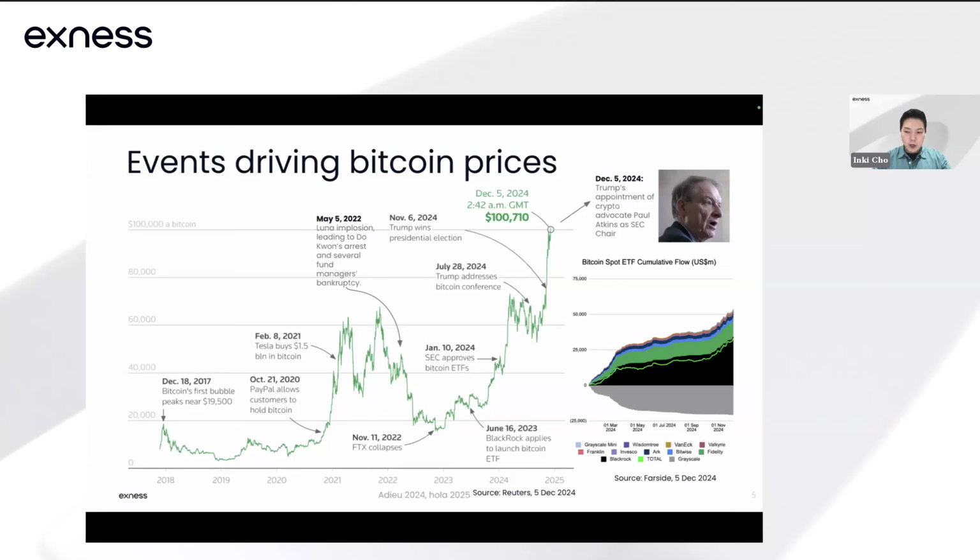In November, Bitcoin hit an all-time high, and Trump's election victory served as a powerful catalyst, pushing Bitcoin up to $100,000 in December, and it recorded its best performance of the year, which is 2024.